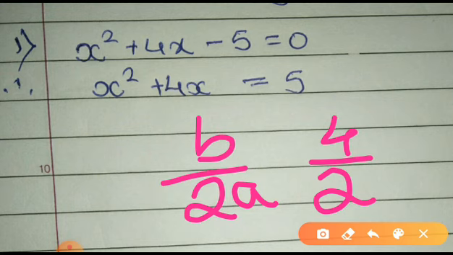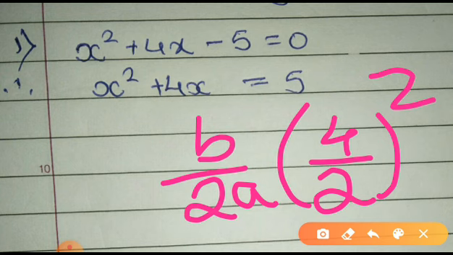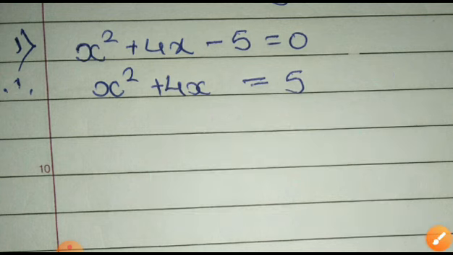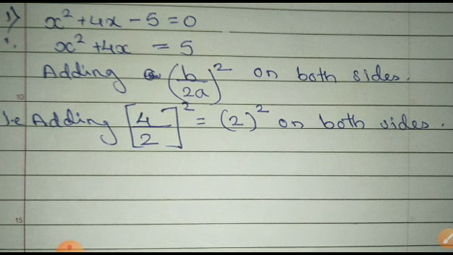Now what to do is find b by 2a the whole square. In this case it is 4 by 2 the whole square. But 4 by 2 is equal to 2 itself. So what will I get? 2 square.